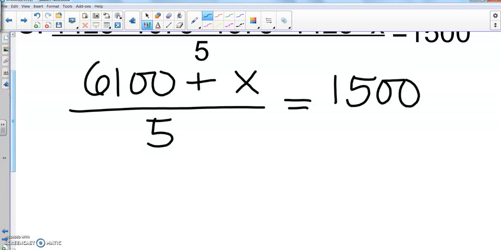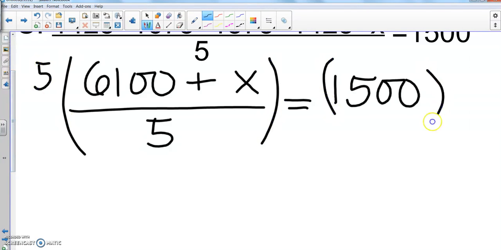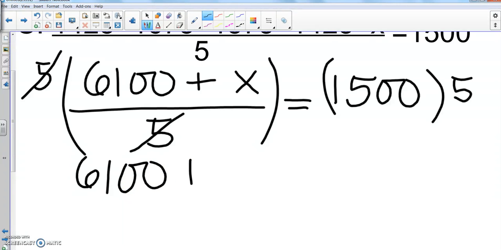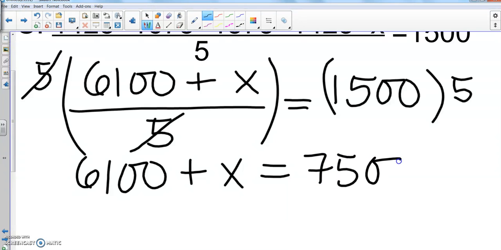Okay, so how do I start to solve for this? Got to get rid of that 5 first. So 5 is gone. I get 6100 plus x equals 1,500 times 5 is 7,500.